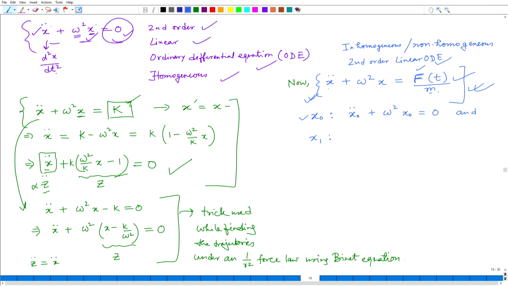Both of them are actually variables, they are not numbers or values. So, x 1 is the solution for the whole part. So, then we can write x 1 double dot plus omega square x 1 is equal to f t over m. Okay.